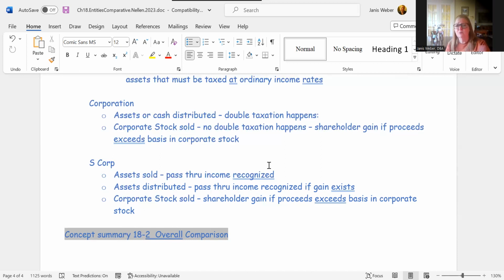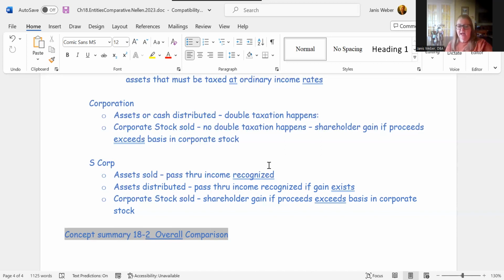So if the fair market value is more than the book value, and assets are distributed in an S corporation, then the S corp has to show the gain and pass it through. And then if the corporate stock is sold, a shareholder gain only happens, just like in the C corporation, if the proceeds exceed the basis in their corporate stock.